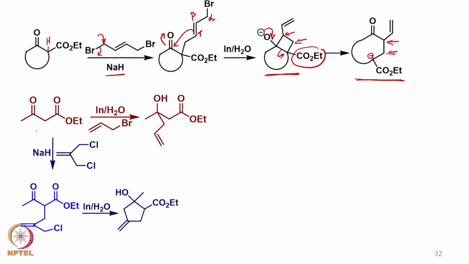Likewise, we can start with this beta keto ester, and we can do the alkylation here in a similar fashion as with this diallyl chloride, and we can generate anion here and attack on one of them, and then we can remove and we can get this, and this then reacts at the alpha, beta and gamma position.